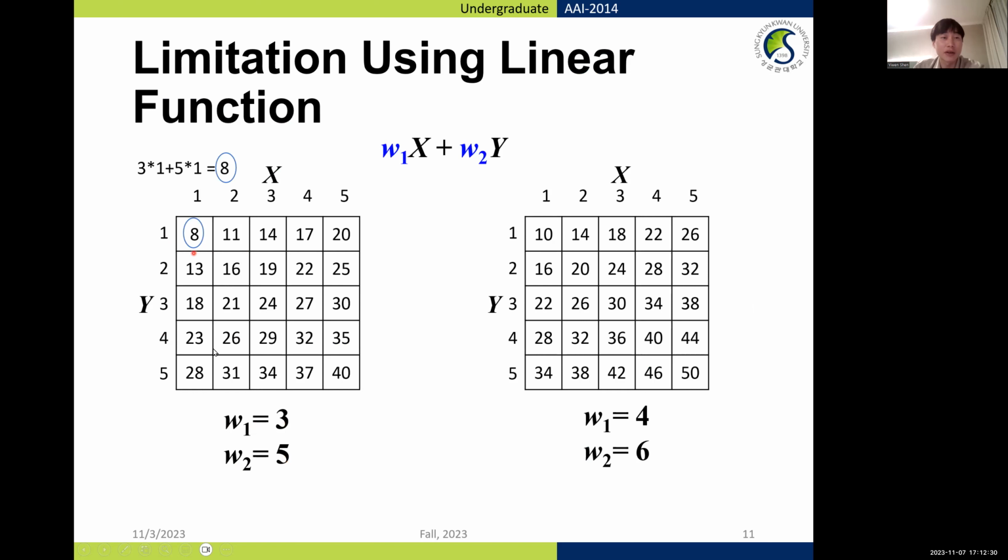Then we just use this linear function to calculate the state values. If we change the weight, all the state values change. So it is possible that some state value may change in a different way, instead of following this linear function.